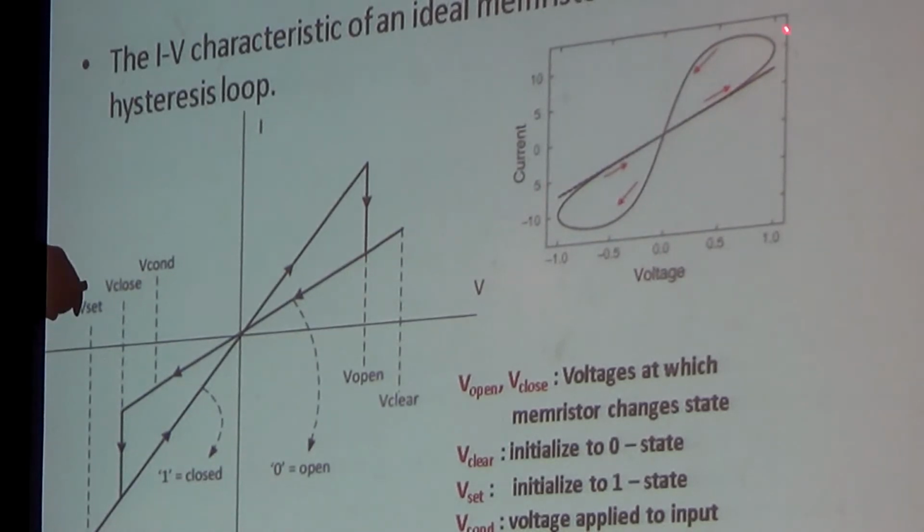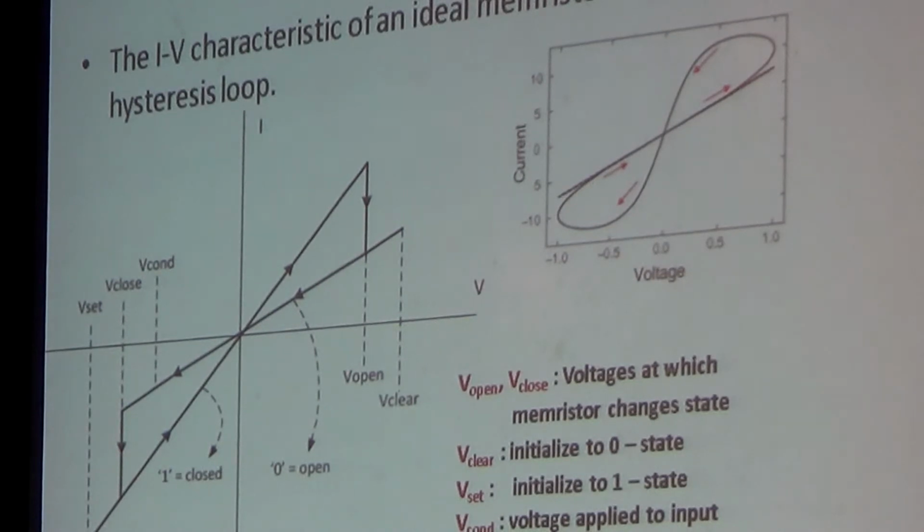You can simplify it by using segments of straight lines like this. From the negative side, if you go on increasing the voltage, the current will go on changing like this. Beyond a point, it will abruptly switch to here. After that, if you decrease the voltage, the current will follow this path. Again, beyond a point, it will switch here. So like this, it will continue.